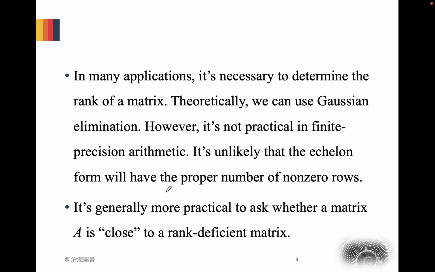So it's more practical to ask whether a matrix A is close to a rank deficient matrix. We need a more practical way to determine a practical rank of the matrix.